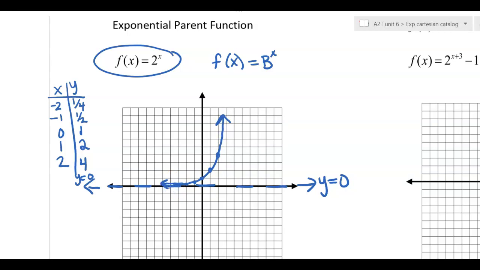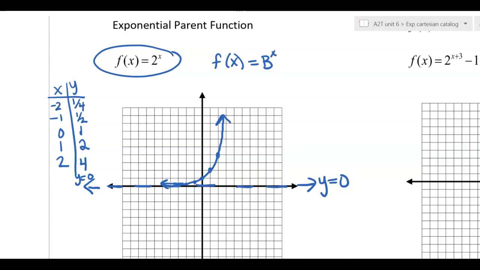And you see that one end of the curve has end behavior that's going towards either infinity or negative infinity. And the other end of the curve has end behavior that goes towards one specific number, but never actually reaches that value. Okay? Is everybody okay with the shape of the graph and why we have that horizontal asymptote as a characteristic of the parent function?